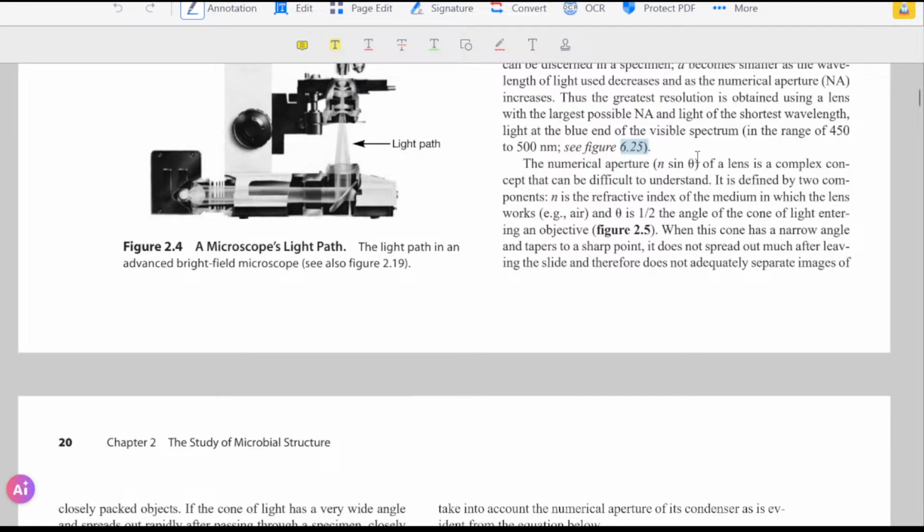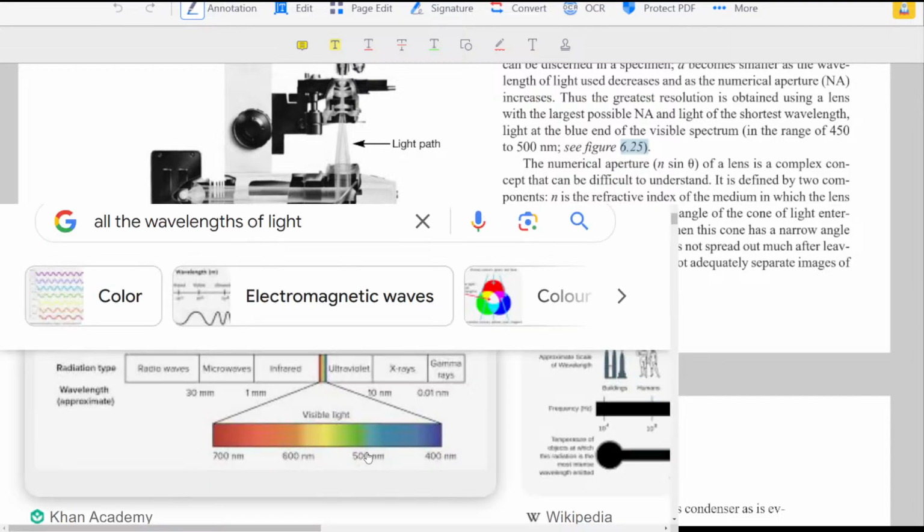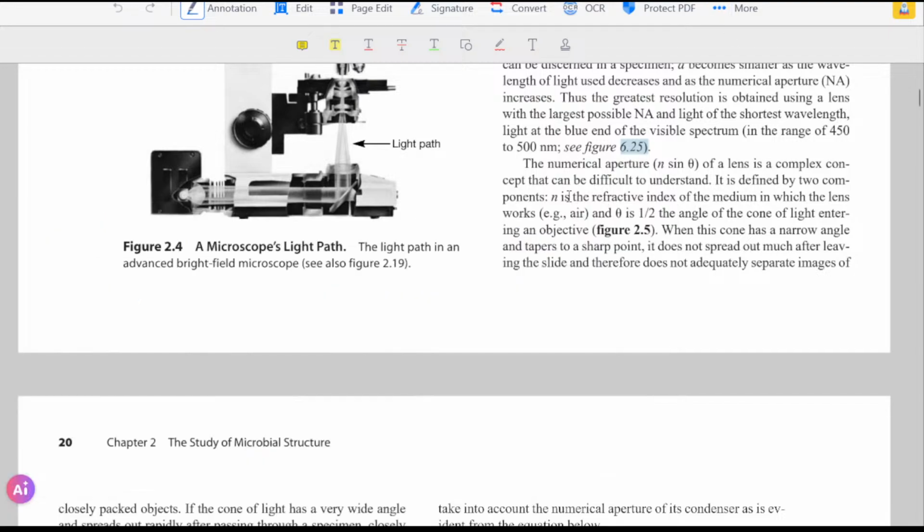And we don't have to go look at the figure. So they are saying 450 to 500 nanometer, that is the blue end. Does it start from blue? Am I tripping? 450 to 500. Yeah, they did mention 500. So yeah, it's 450 to 500.